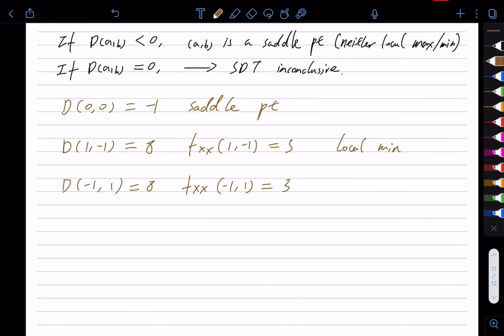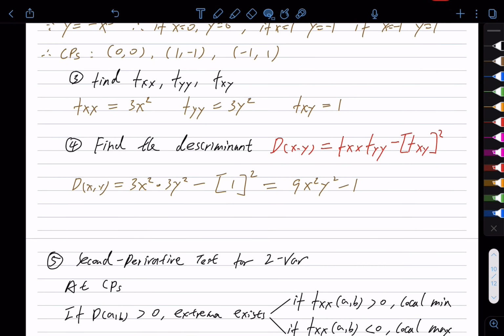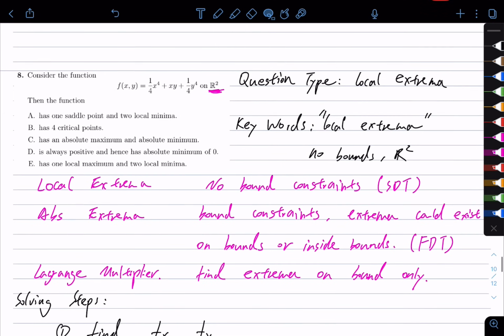It's 3, and it's again a local minimum. So in total, we have 1 saddle point and 2 local minima. Okay? So in this case, the correct answer is alpha.